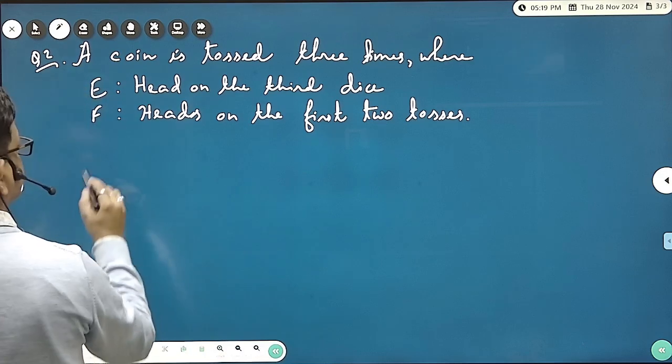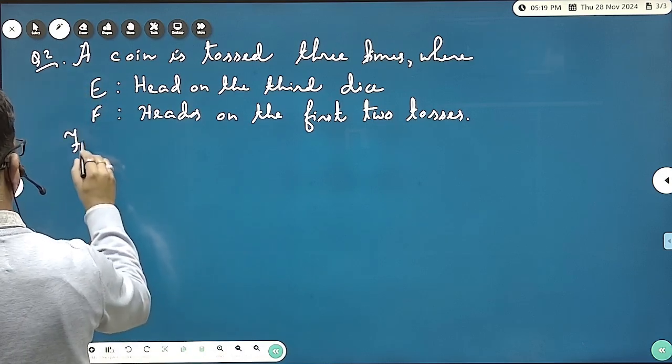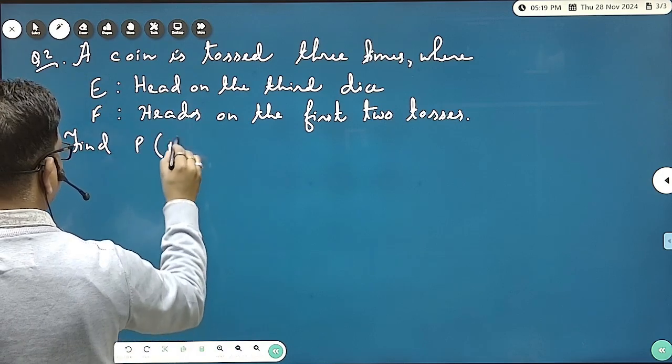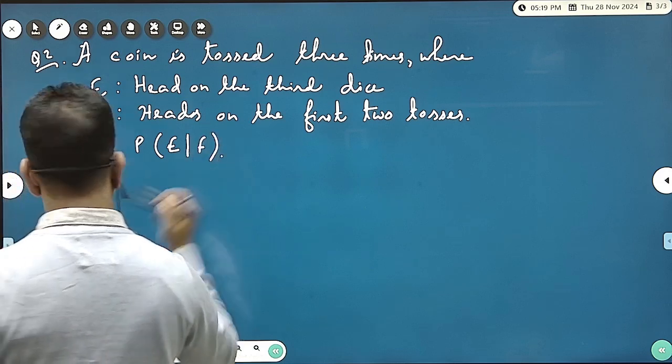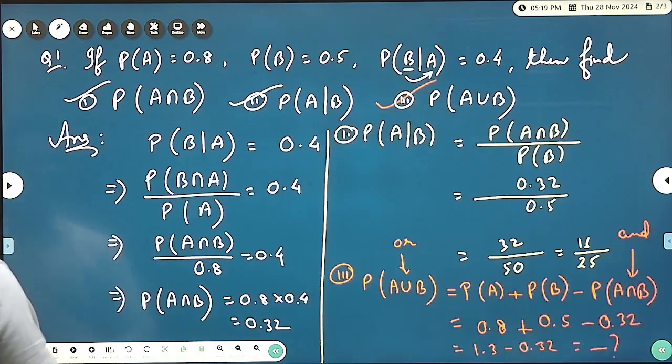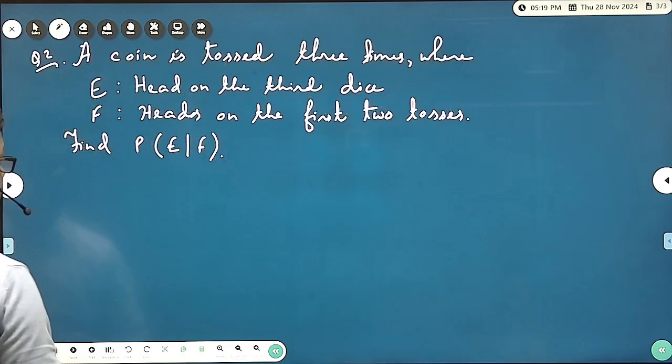So the question is, find the probability of E condition to F. As I told you just now, application based questions are mostly what matter here. Even in your textbook, you can see only application based questions are given. So the earlier example was just to understand the terms I explained.